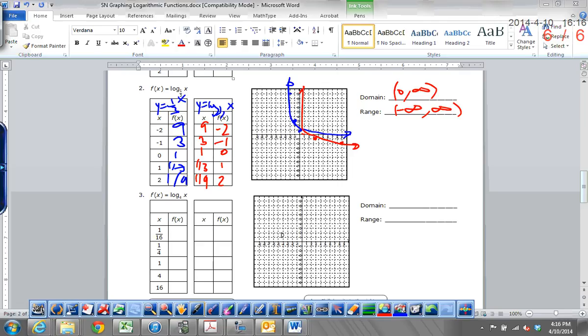So for all these that we're doing, you can't put them in the calculator because the calculator does not use a base of 1/3 or a base of 4. The calculator uses base 10. So if we ever get anything other than base 10, we're going to have to change it, or we can do it as the exponential. So same thing here, we're going to do the log base 4 of x for this one, we'll do 4 to the x over here. So same idea.